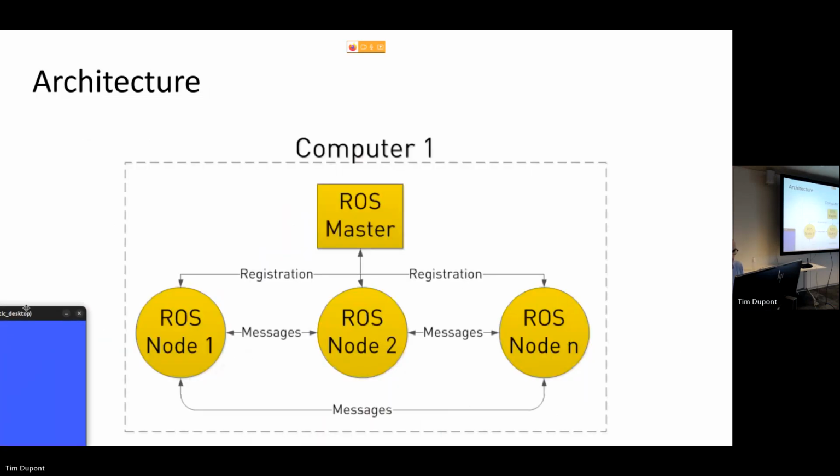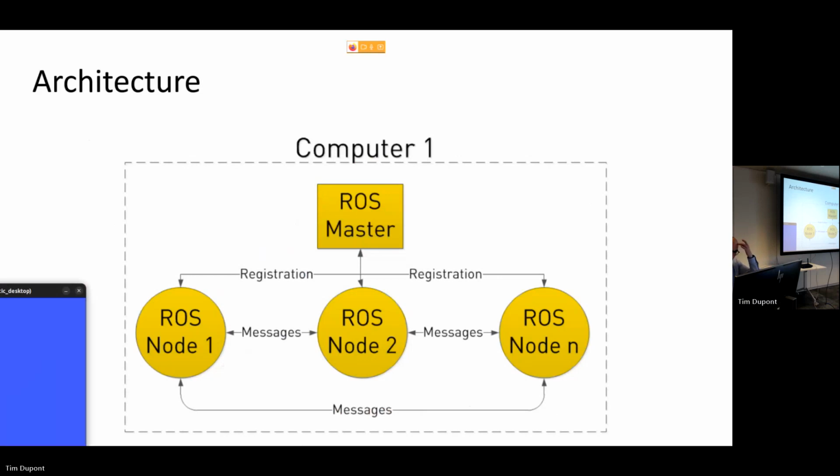So if you look at the architecture, we start a ROS master, it's the roscore, so you can start ROS nodes that can communicate with each other. The ROS master is best run on the most stable system. Most of the time that will probably be the robot, if you have just one robot.